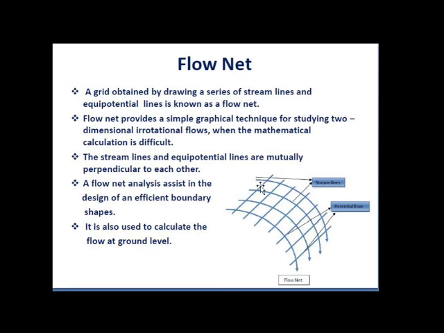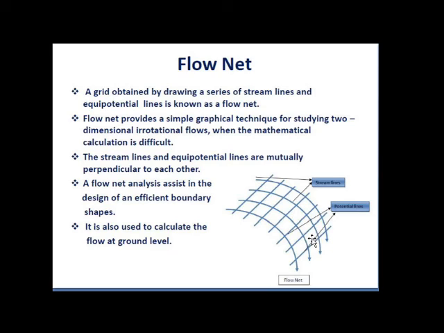The grid obtained by drawing a series of streamlines and potential lines is the flow net. This flow net is used to calculate the flow at ground level. The streamlines and the equipotential lines are mutually perpendicular to each other.